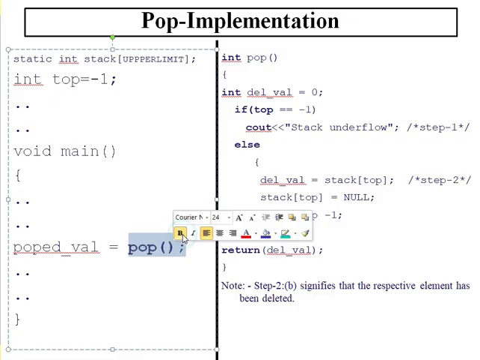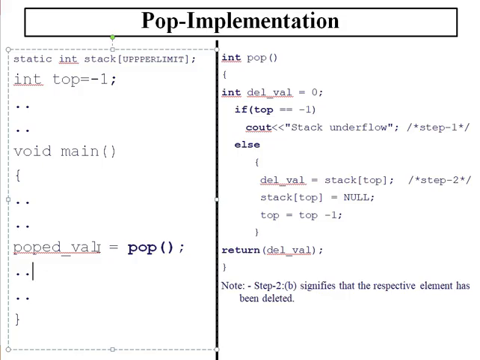The pop operation is called, and the value returned from it will be the element removed from the top of the stack. We assign the removed element to a variable, popped val, which will hold the value removed from the top of the stack. The pop operation doesn't receive any parameter or argument, but it returns a value that is removed from the stack.